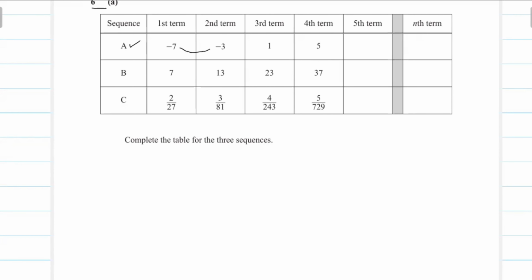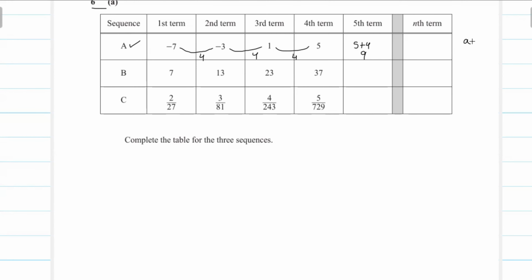You see here the difference between -3 and -7 is 4. 1 and -3 is 4, and 1 and 5 is also 4. Therefore, the next term we can calculate. If we add 4 to the fourth term, we get 5 plus 4, this value equal to 9. This is the fifth term. Now the nth term we can find. You see here, this is the linear sequence.